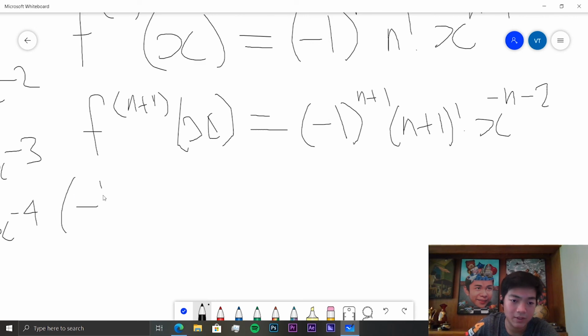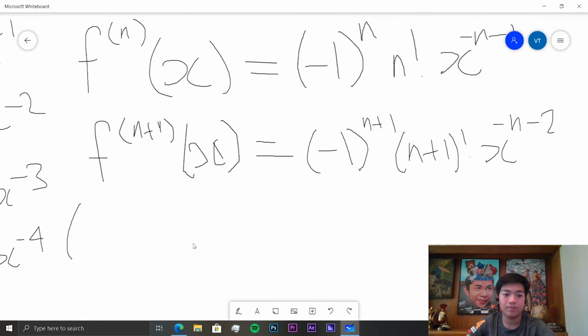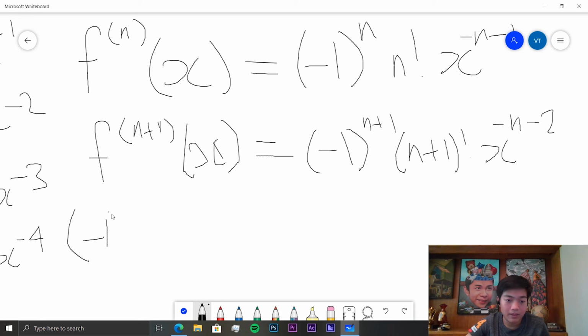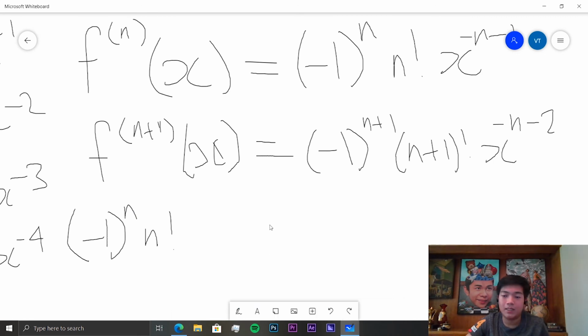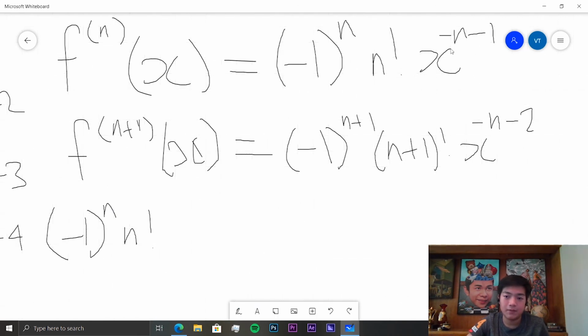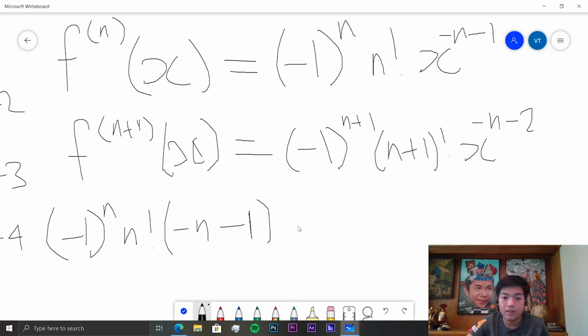We have to bring this down over here, and we have to get the derivative of this number. So let's get the derivative in parts. This would be equal to -1 to the n, because that's a constant, times n factorial, which is also a constant, times, well, what's the derivative of x to the -n minus 1? The answer would be -n minus 1 times x to the -n minus 2.